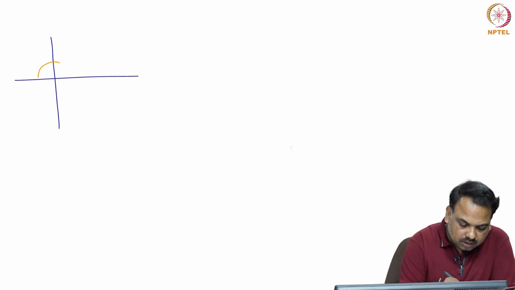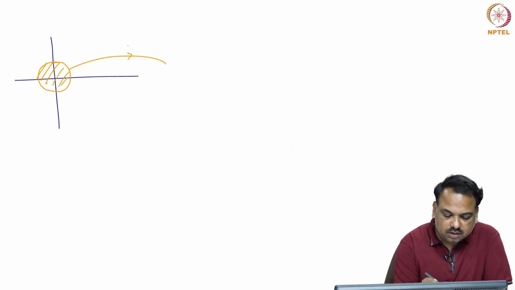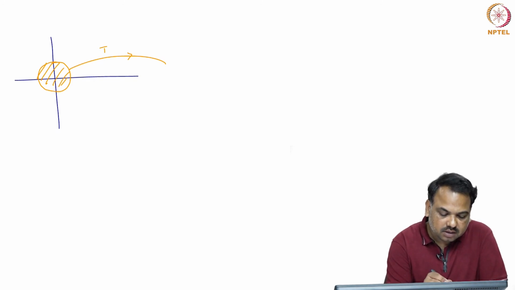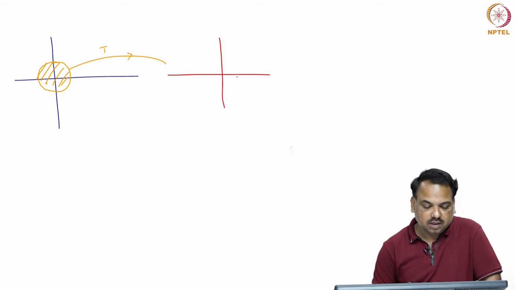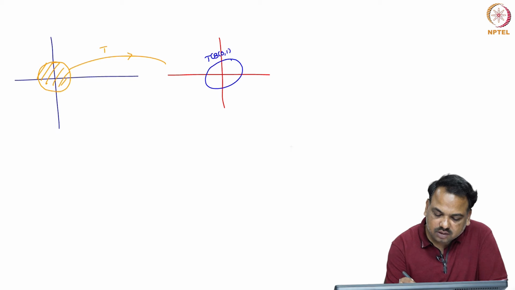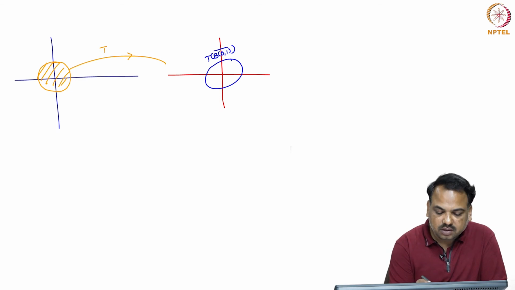Under the map T, it is sent to a bounded set in R2. So let us take the bounded set to be of this kind. So this is T of B01 closure, and because T is bounded, this set is also bounded.